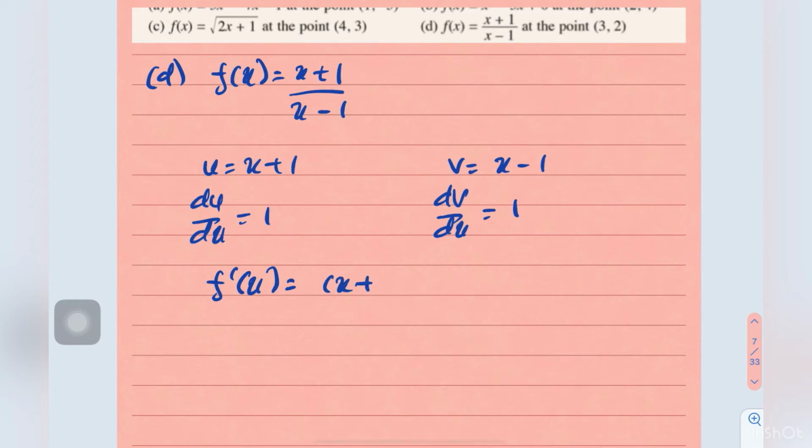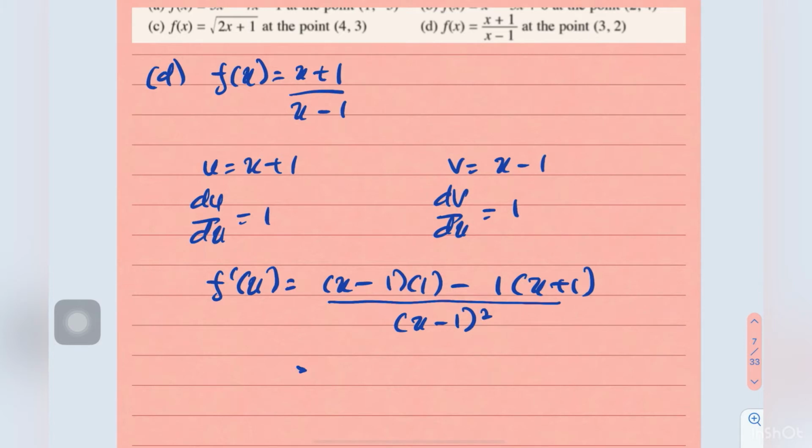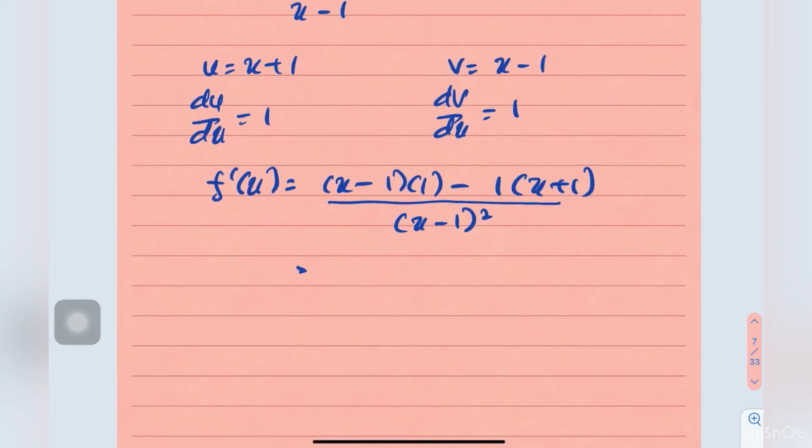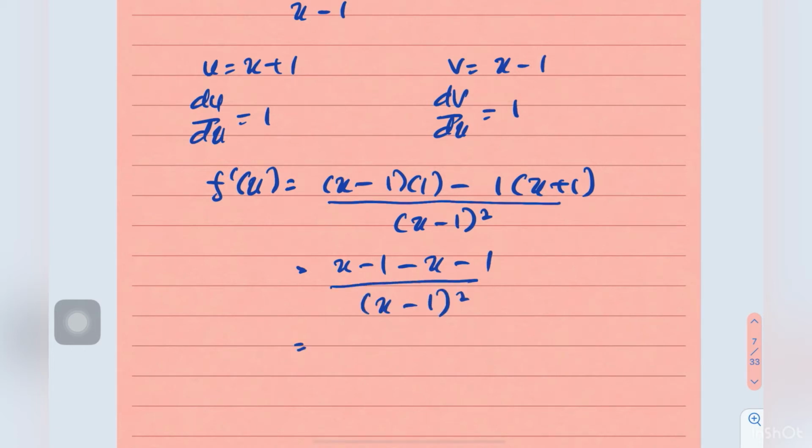So x minus 1 times 1 minus 1 times x plus 1, over v squared. V squared is (x minus 1) squared. Okay, so this one you just simplify, we get x minus 1 minus x minus 1 over (x minus 1) squared. Okay, -2 over (x minus 1) squared.